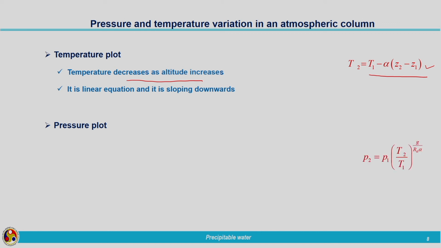Now coming to the pressure plot, it is given by this equation. Looking at the equation itself, it is very clear that it is a non-linear relationship. But looking into the equation, you can see P1 multiplied by T2 by T1 to the power of G by R alpha will give you the pressure at a higher altitude, P2 at section 2.